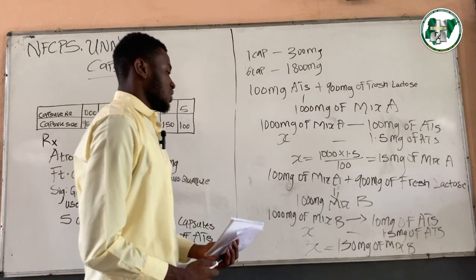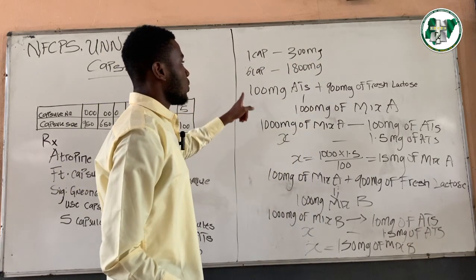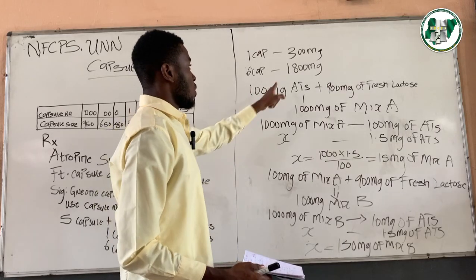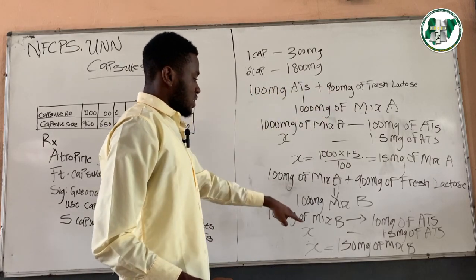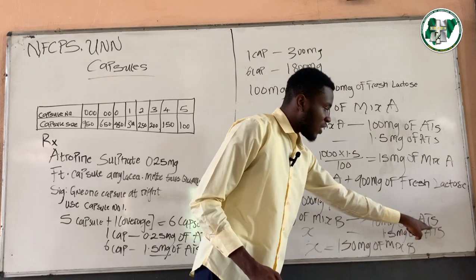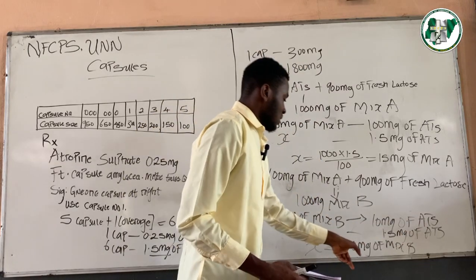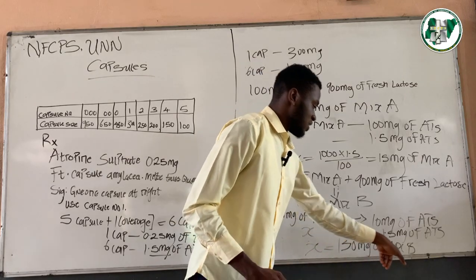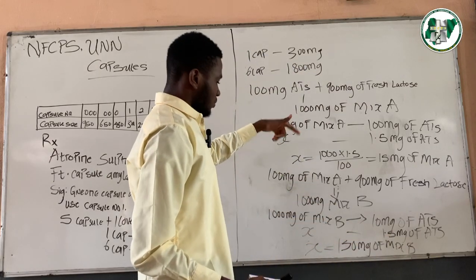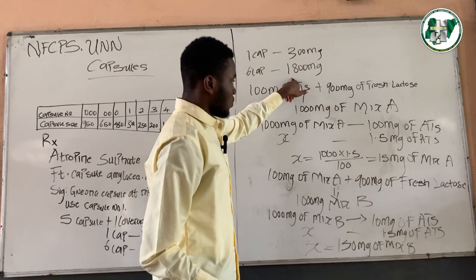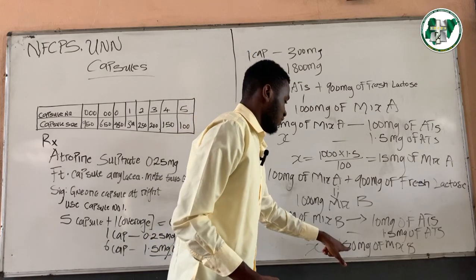So remember that we calculated that our total powder mix is going to be 1800 milligram, right? So in this, we have the weight of our ATS we are looking for, and we are making use of diluent. So we dilute the 150 milligram of this mixture B with the difference between 1800 and the 150 milligram.